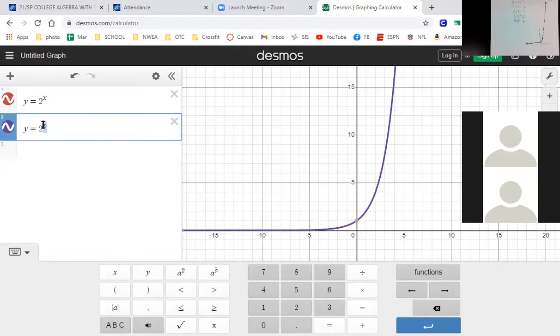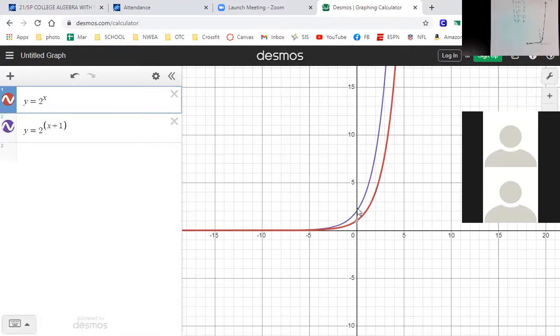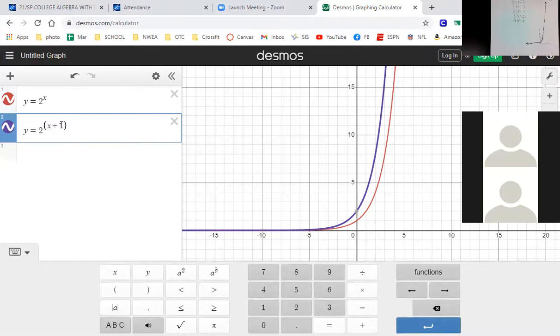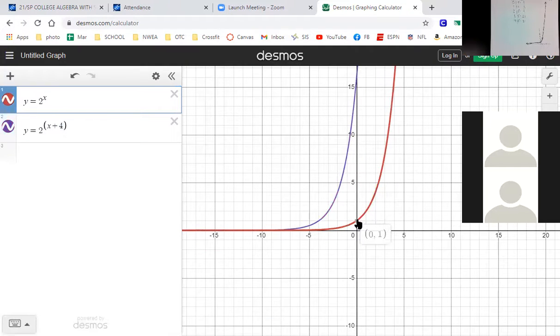So that's anything going on outside of the function. Inside the function would be up here in this exponent. So this 2 to the x power. If I do a +1 up here, that actually grabbed my point and shifted it to the left. So a plus number shifts you to the left that many. If we went +4 even, that would shift my graph to the left 1, 2, 3, 4 units.